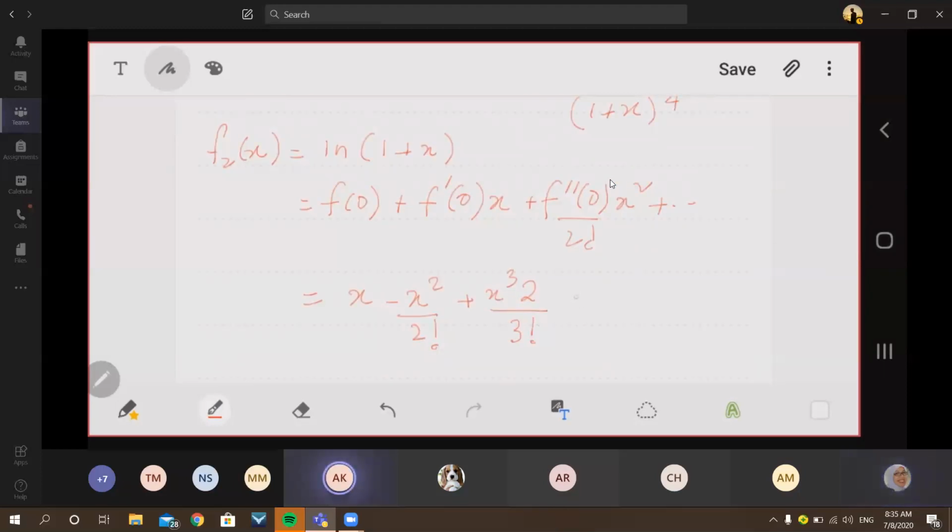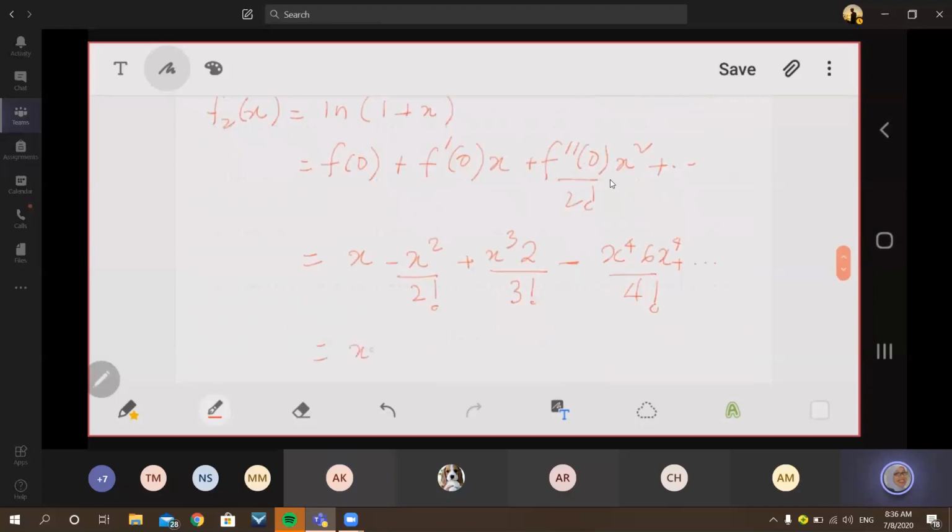Yes. And then minus, this one is negative 6 on 4 factorial, x to the 4. So you end up with x minus x squared on 2 plus x cubed on 3 minus x to the 4 on 4 plus x to the 5 on 5 and so on.